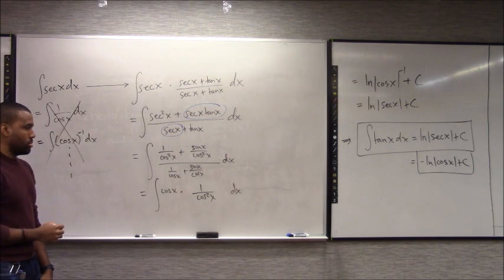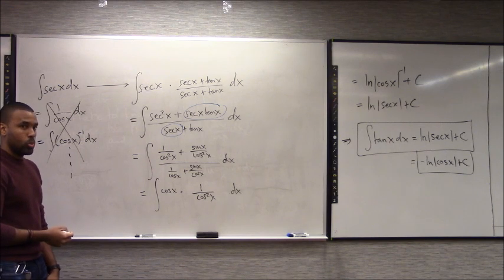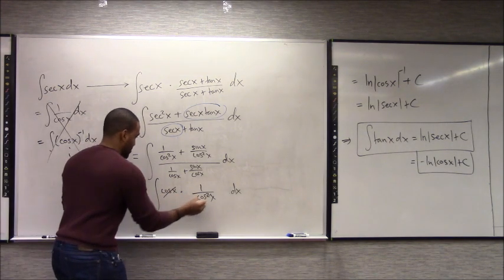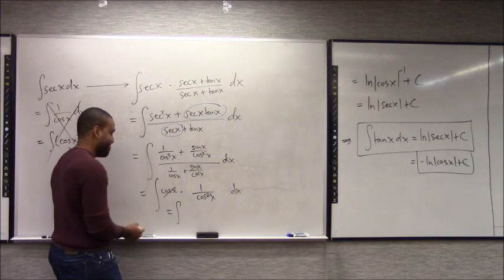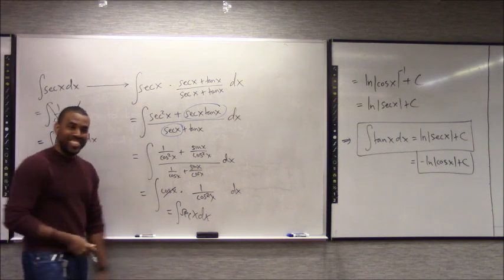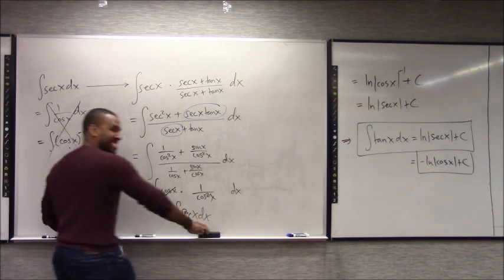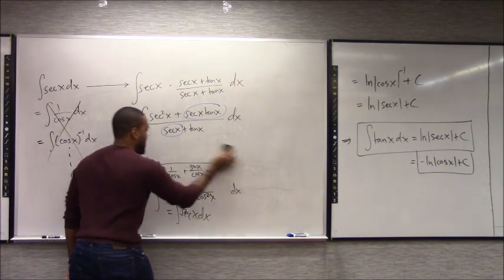And what's that? So it's 1 over cosine. So that's where we started. Valiant effort, but no.